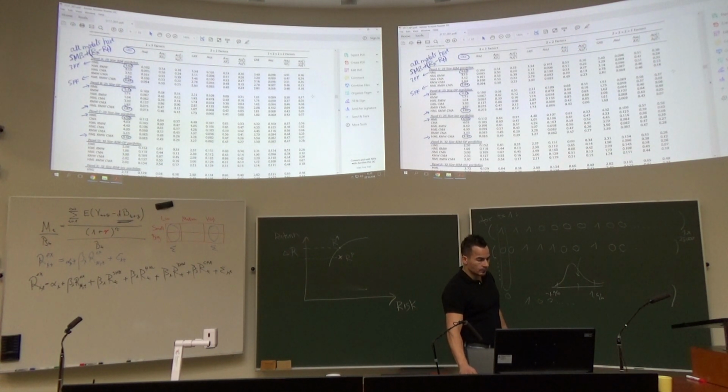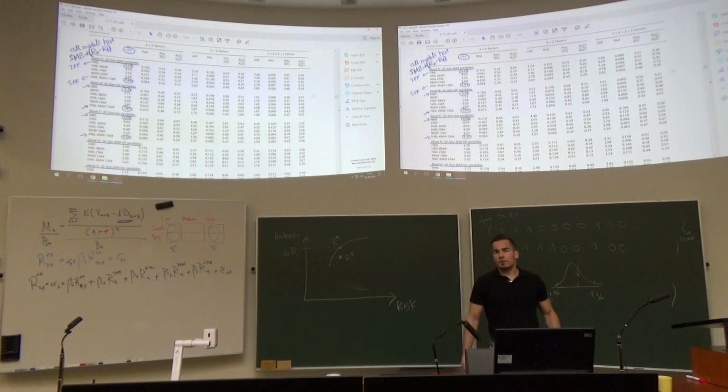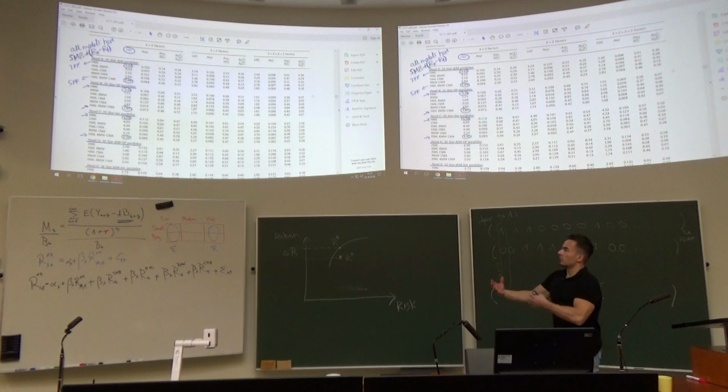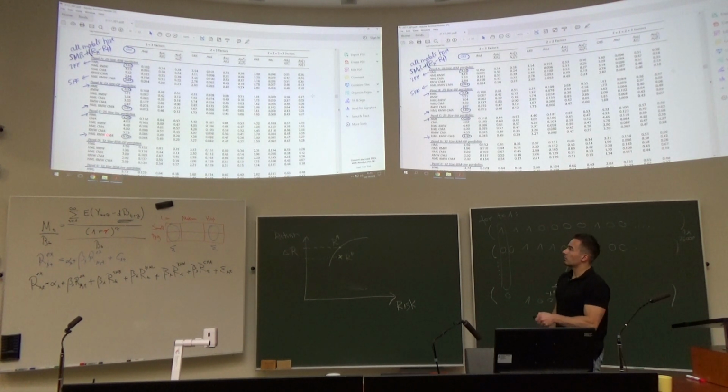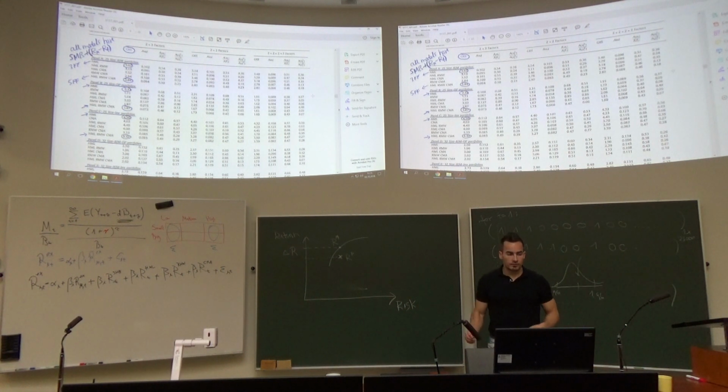Then in panel C, they again use the same stocks, but this time they sort them with respect to size and investment, and then they run the same test again. And again, you see that the pricing errors are estimated to be the lowest once you use the five-factor model, which is not surprising.